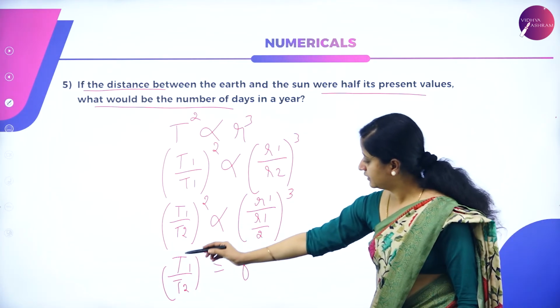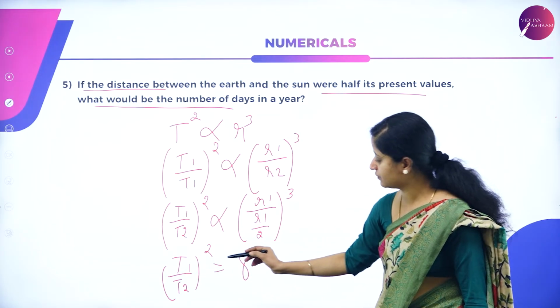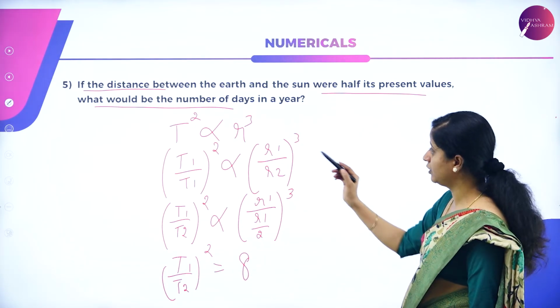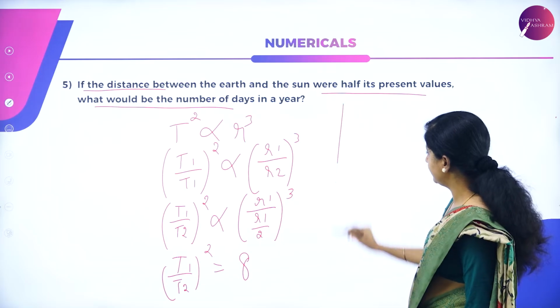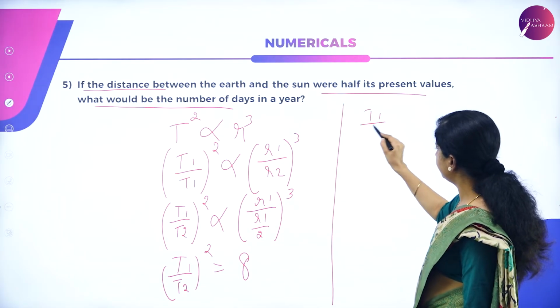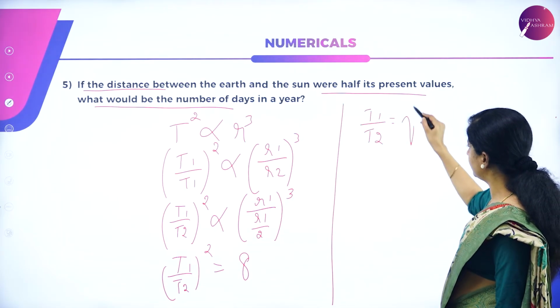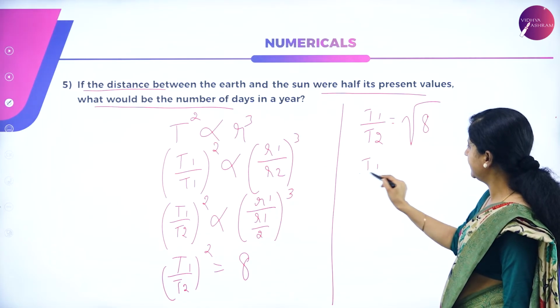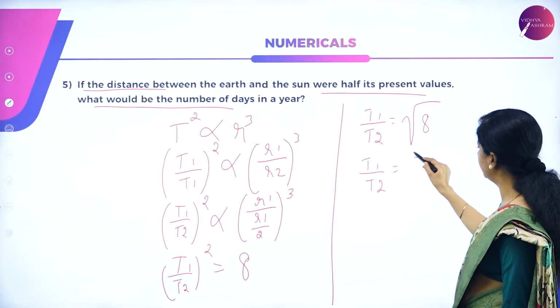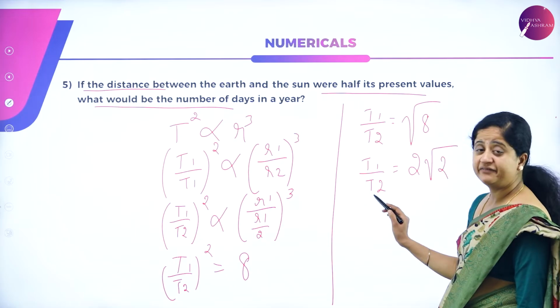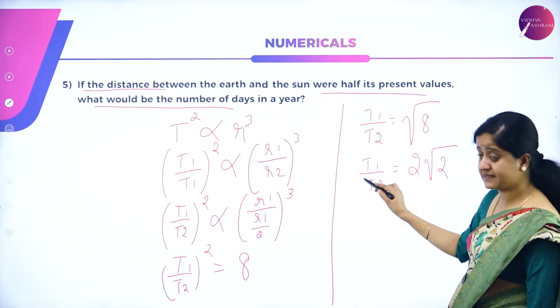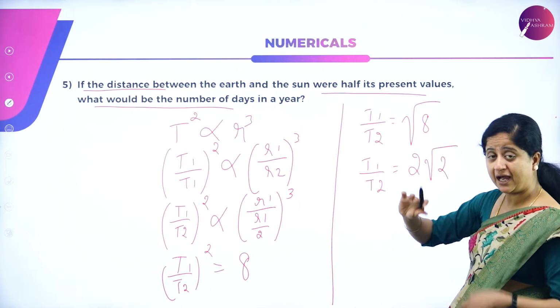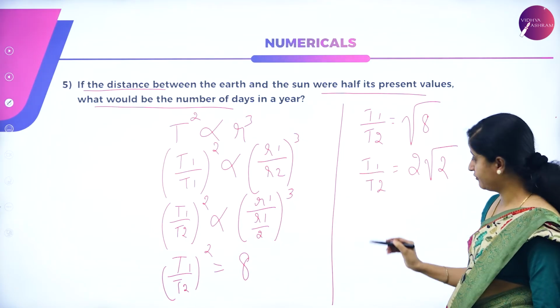So (T1/T2)² is equal to 8, but we need the number of days. So we write T1/T2 equal to square root of 8, which is 2√2. We have to calculate the number of days, that is the time period T2 after the distance modification.